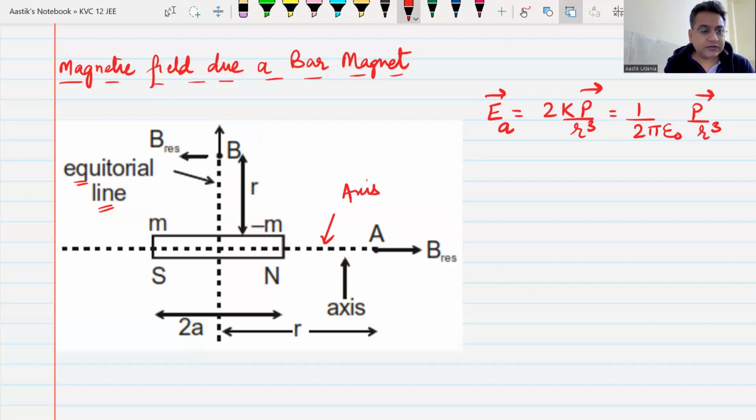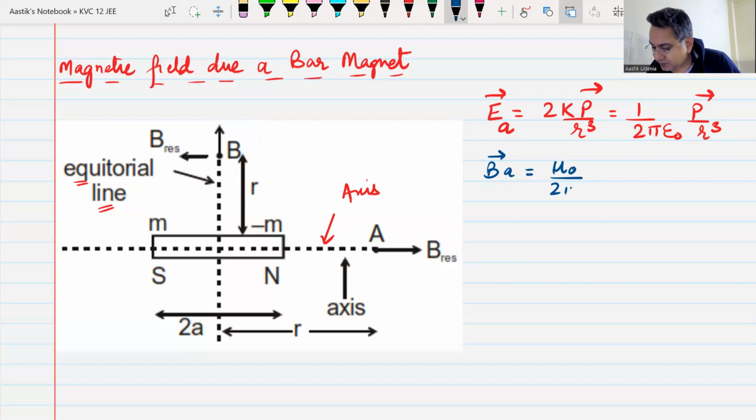Okay. Now, since we know this electric field, can you now tell me the formula for magnetic field? What will be the formula for magnetic field on the axial point? Mu naught by 2 pi into m vector by r cube.